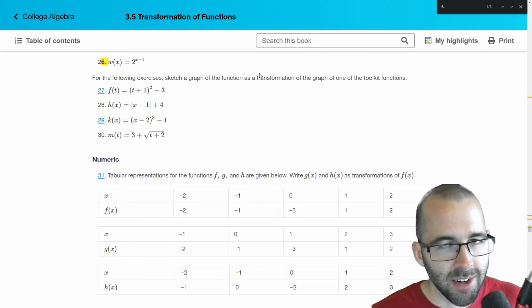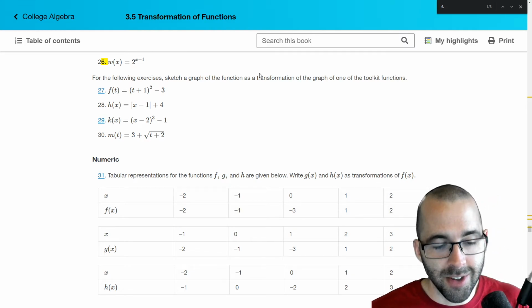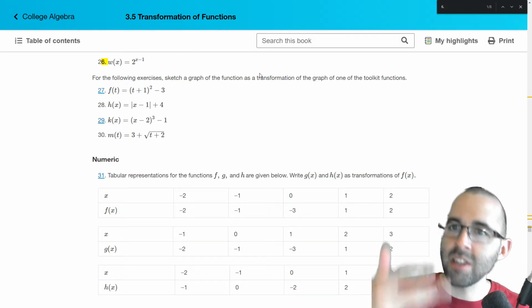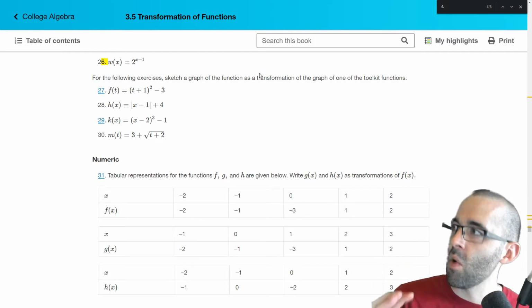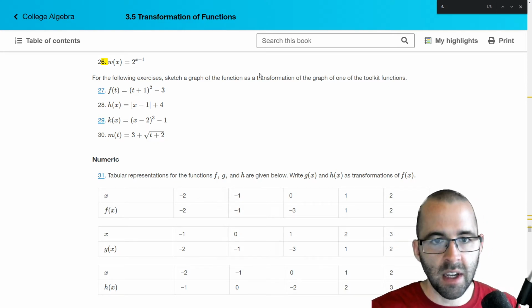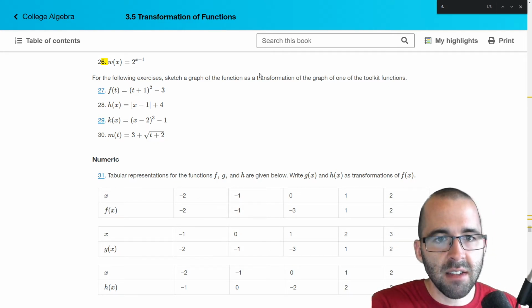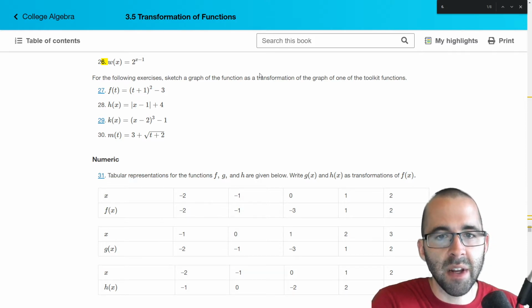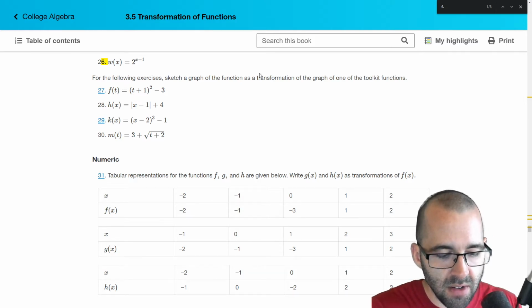I'm not saying everyone's going to know the toolkit functions, and I will hate you if you don't, but this really should be the time when you are becoming more familiar with those toolkit functions. So we're going to do a very similar thing. In 28, we have h of x is equal to the absolute value of x minus 1 plus 4.